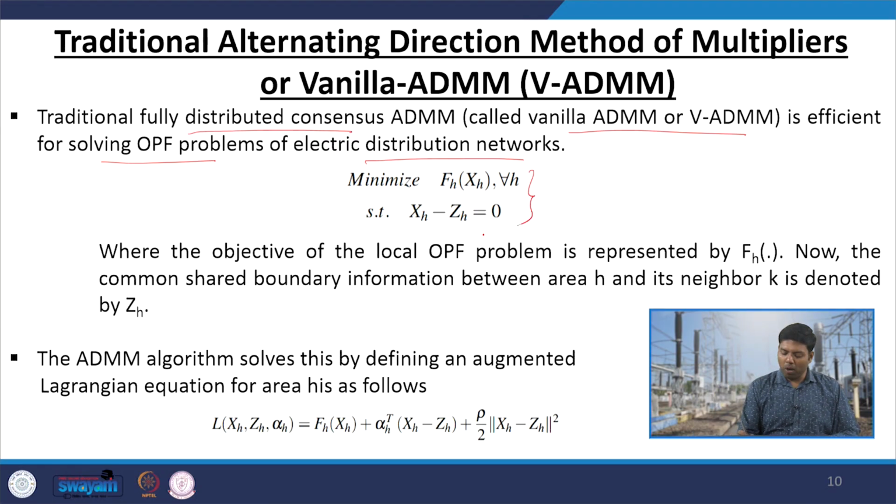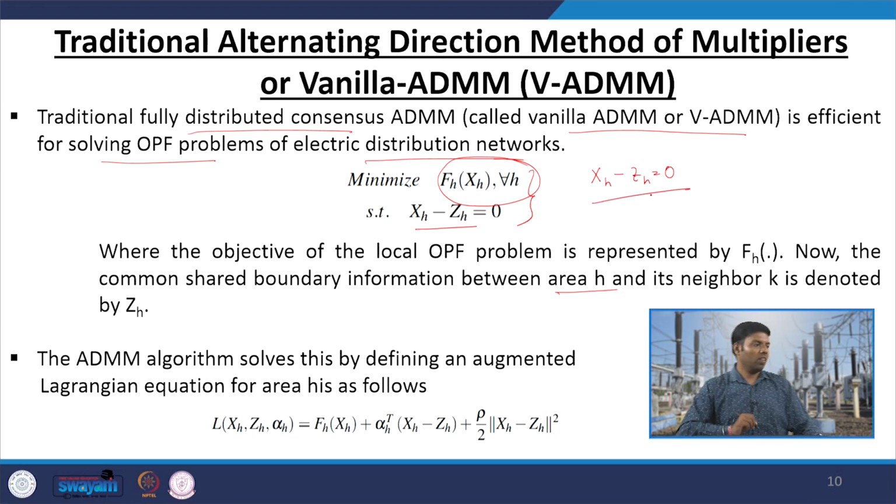So, this is your problem for each and every area, where you segregate the entire network into h number of areas. It will solve the local optimization problem considering that the difference between what you are deriving and what you are getting from your neighbors is 0.